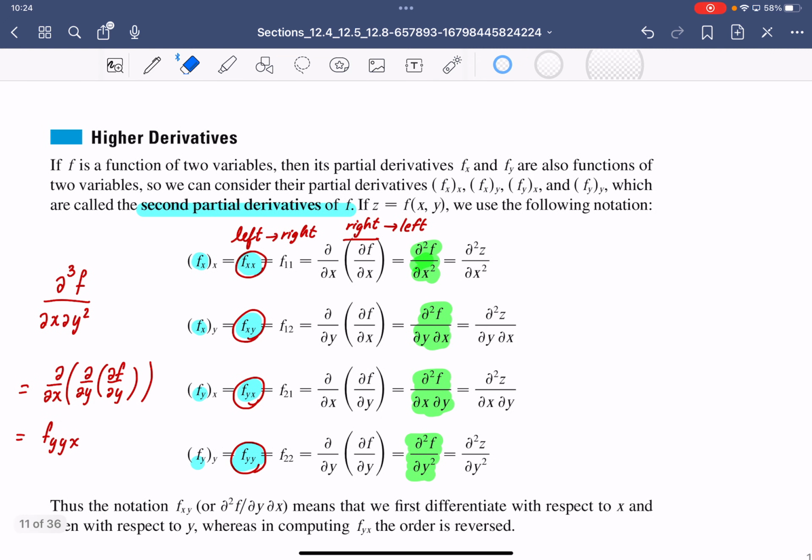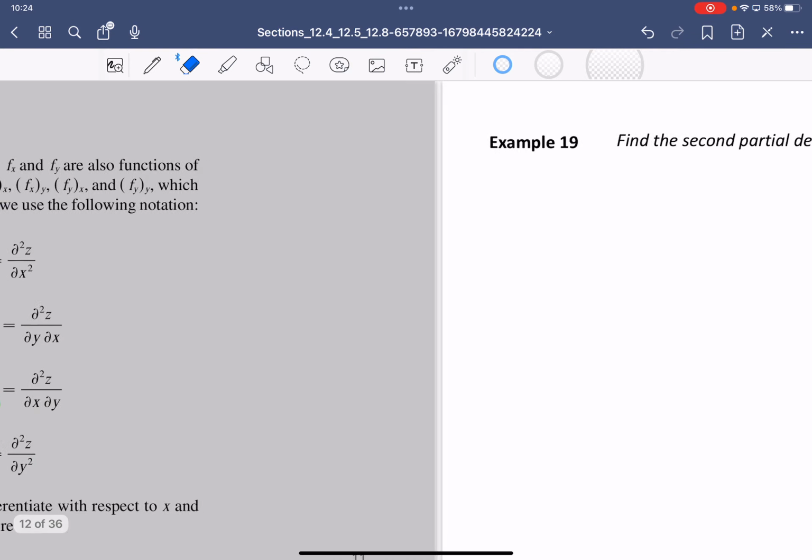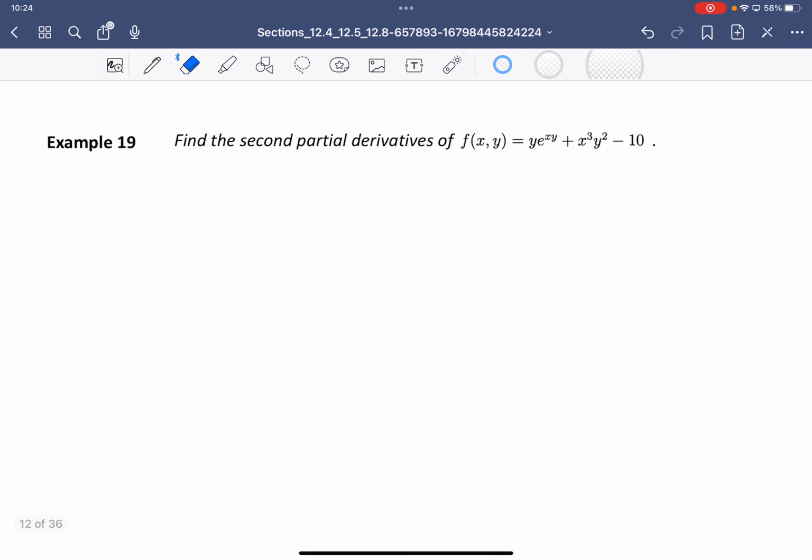Okay, let's start from the basic one. What are the second order partial derivatives of f equal to y times e to the xy plus x cubed y squared minus 10? So this is a function.